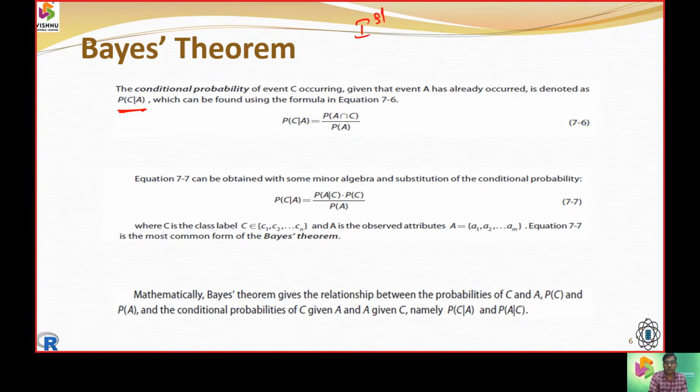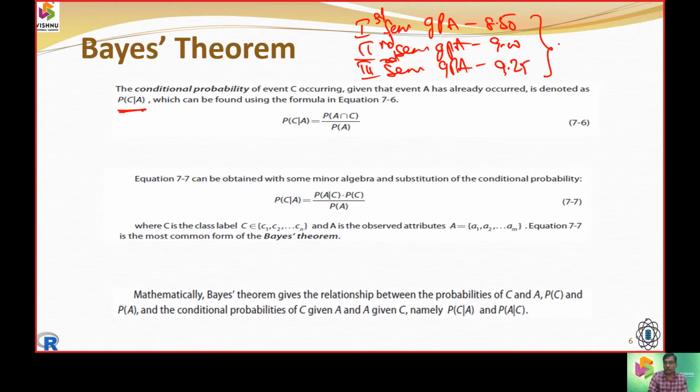So my first semester GPA is some 8.5, my second semester GPA is some 9, and my third semester GPA is some 9.25. Now I will say these are event A, event B, and event C. Now I can have the cumulative grade point average, which we call CGPA.